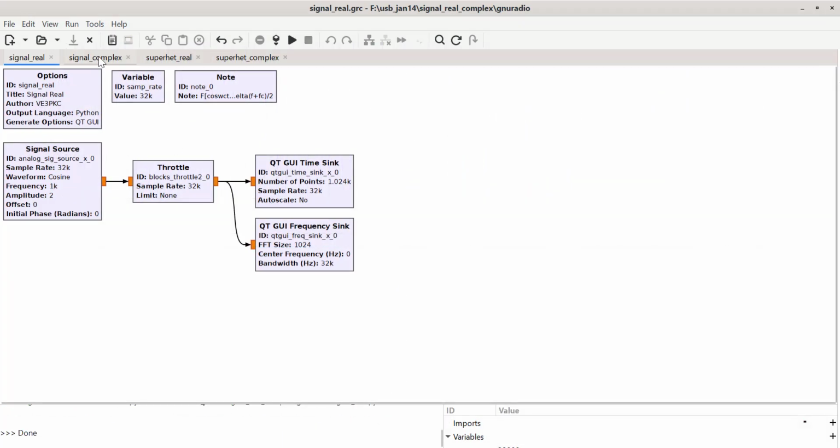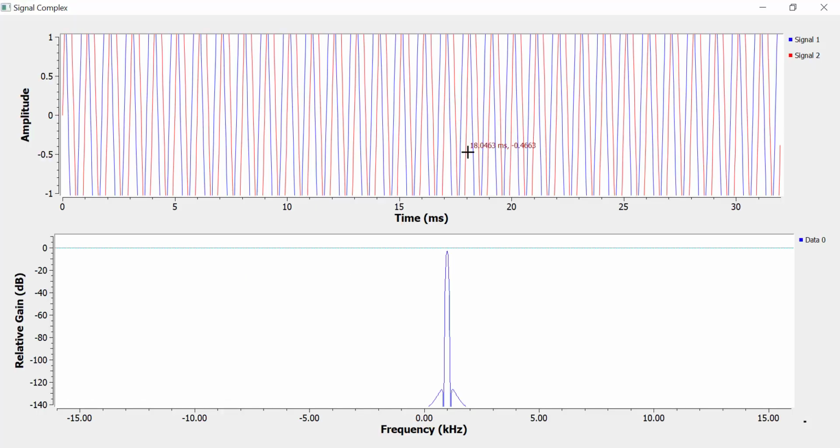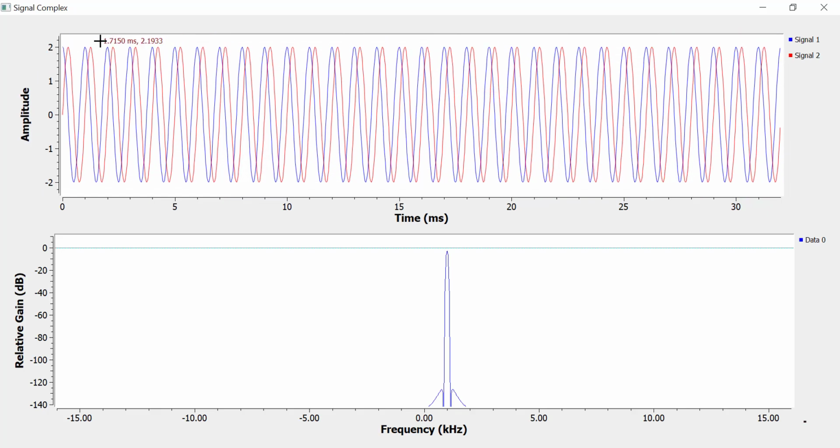Let's look at the complex version. Now the complex version is basically cosine omega t plus j sine omega t, so it's like exponential j omega t, and that'll just give you one component. So there we go. Actually, I've got it set at an amplitude of 2, but there's your cosine there, the blue signal, and there's your sine.